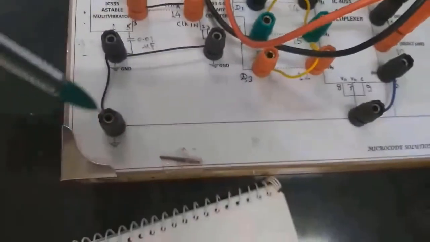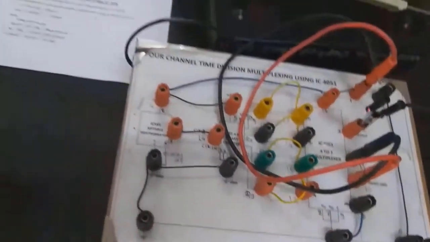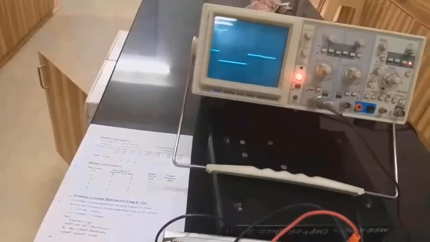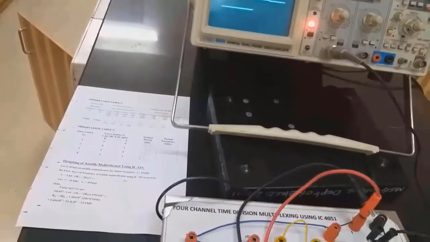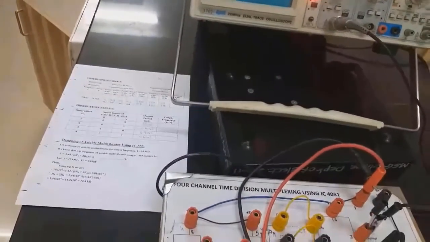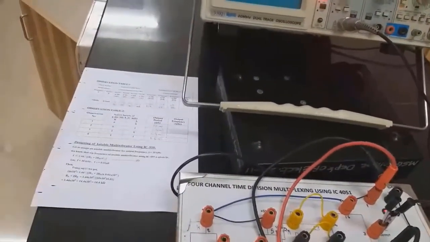This confirms that the fourth signal is selected to appear at the output when A and B both are 1, 1. In this way, we have verified that at a time only one signal out of the 4 signals present will get selected and appear at the output using the 4:1 multiplexer. So in this way, the circuit acts as a time division multiplexer.